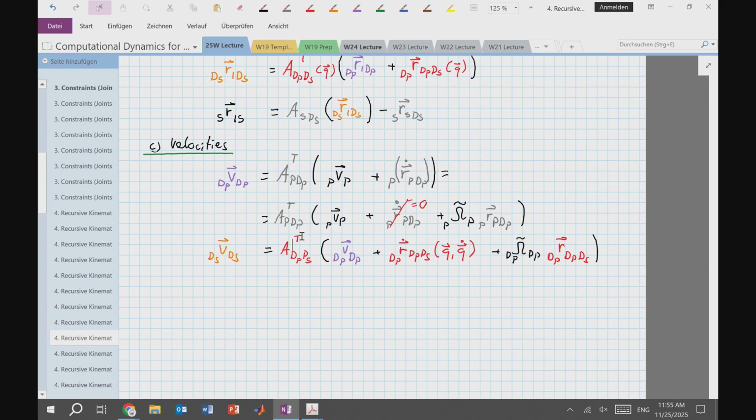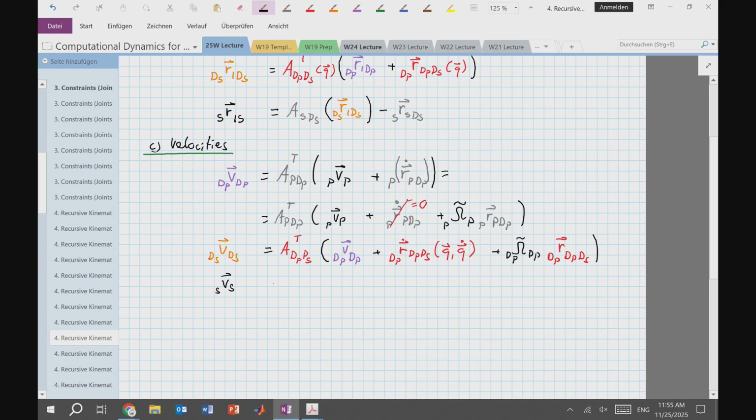So to get the physical relative velocity across the joint, I have to know what the predecessor is doing and what is happening in the joint. And this is why I want to focus here on the numerical derivative, which depends only on what's happening in the joint. Okay, questions? No?